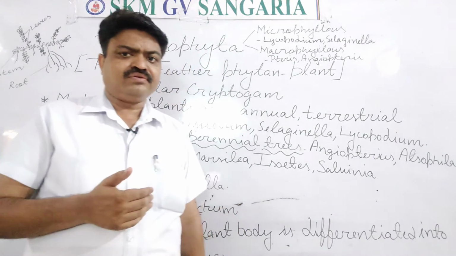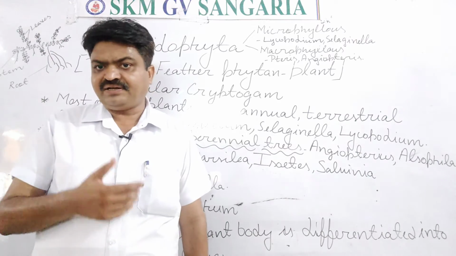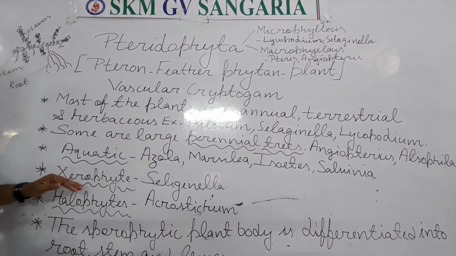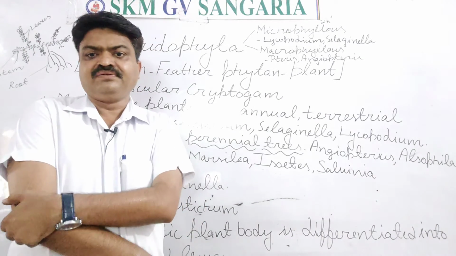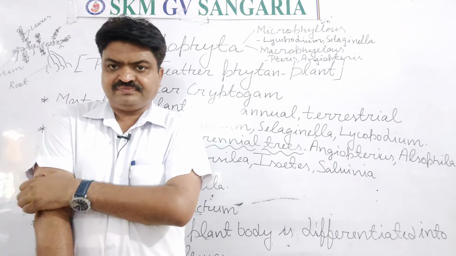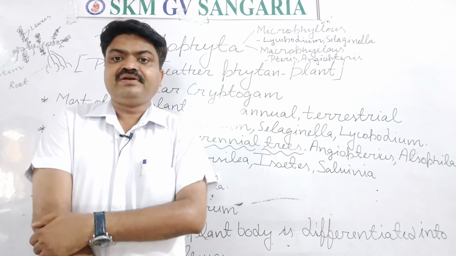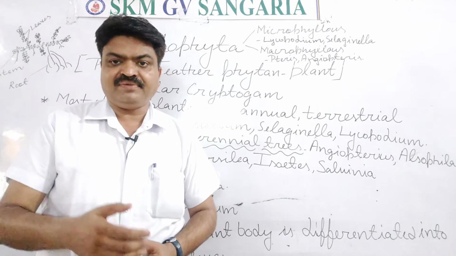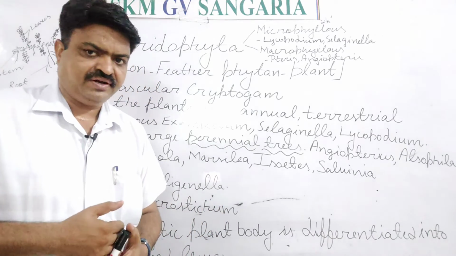Now we come to another terrestrial habitat that they have: the arid or xerophyte plants. What is the meaning of xerophyte? Xerophytes are plants found in the desert, in an arid environment, meaning a dry environment.